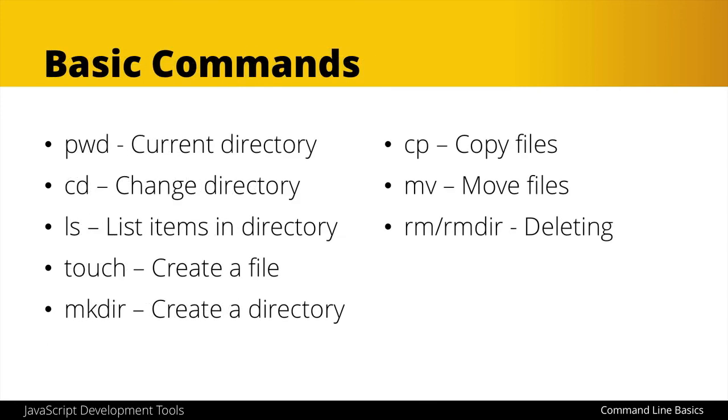Really, this list of basic commands that we have here, from pwd, cd, ls, touch, make directory, copy, move, and deleting, these are the basic things that you'll need to know. And these are your Linux bash commands for navigating, moving files around, things like that.